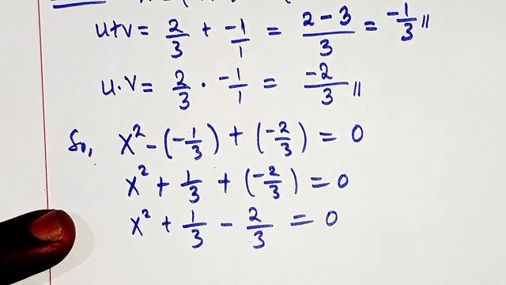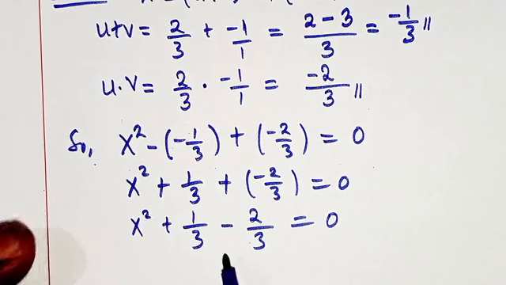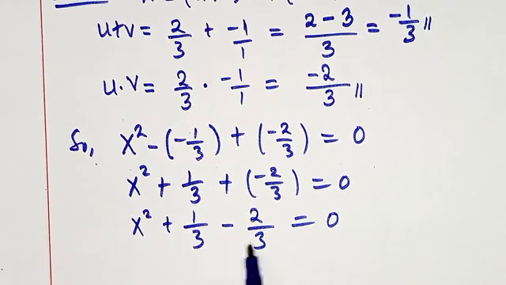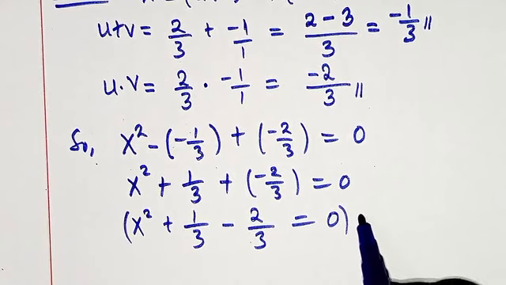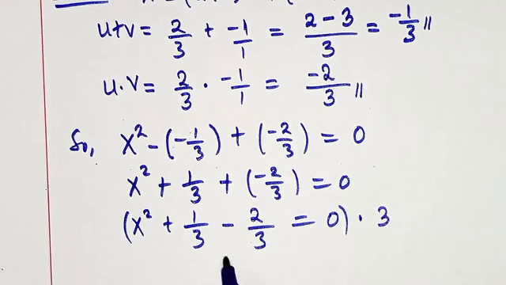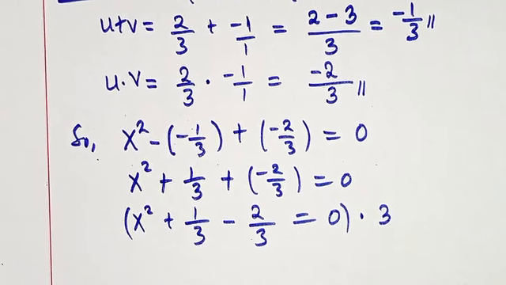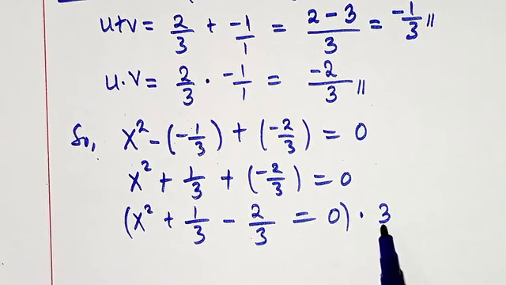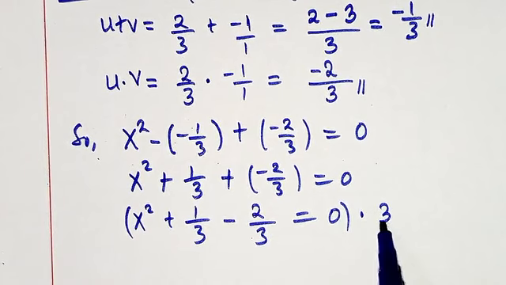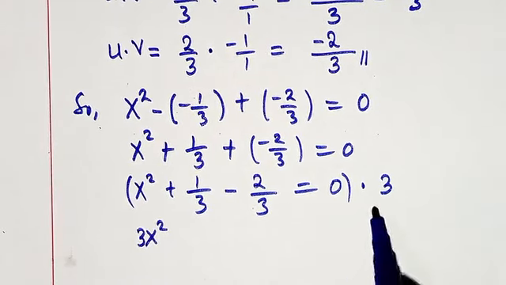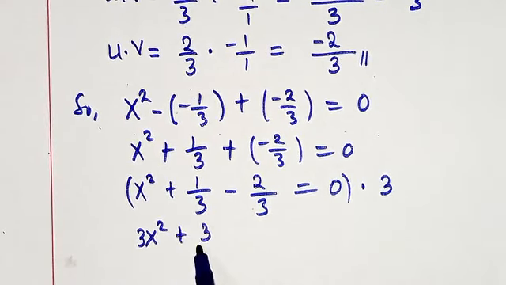Now we are going to clear this fraction. We have 3 here, so we multiply all of this by 3, since 3 is the LCM. 3 times this gives 3x squared, 3 times this gives 3 over 3 x, minus 3 times this gives 6 over 3, then 3 times 0 gives 0.